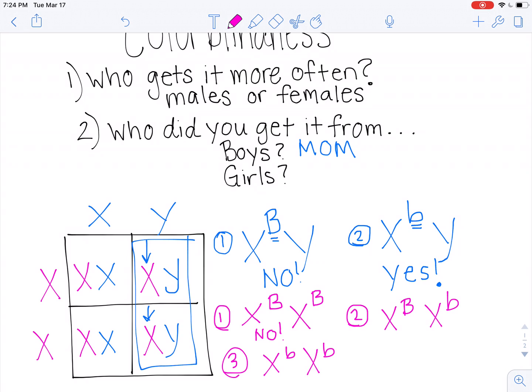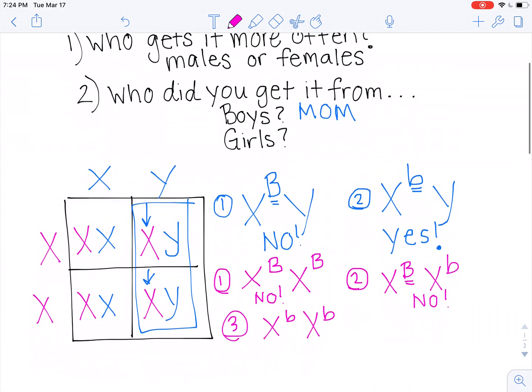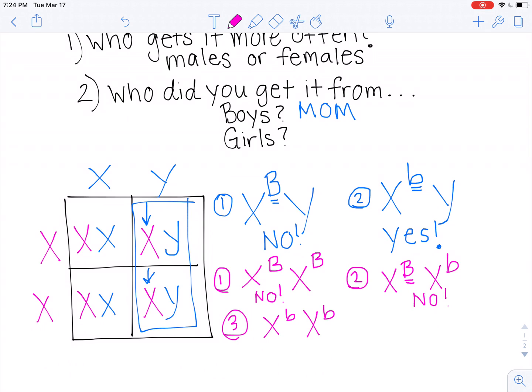Because it is a recessive form of the trait, if there's a dominant form seen there with this capital B, the recessive form is being hidden. So no, girl number 2 would not be colorblind. Girl number 3 has 2 forms of the recessive trait, so 2 lowercase b's, and so therefore, yes, she would be colorblind.